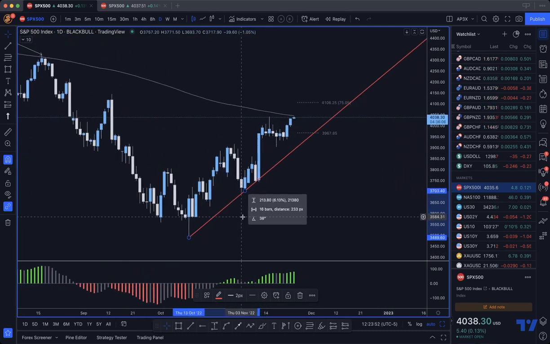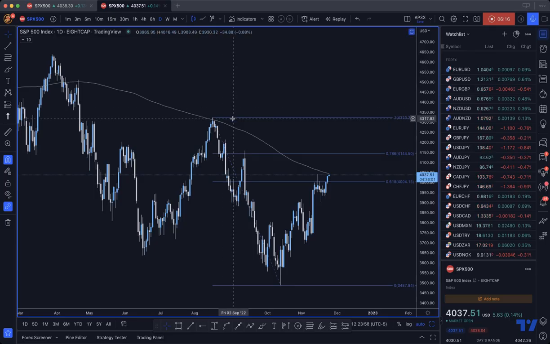So for next week or the next two weeks, I'm looking for this rally to peter out, and hopefully it will give us some selling opportunities. Now, let's see where it can peter out, right?